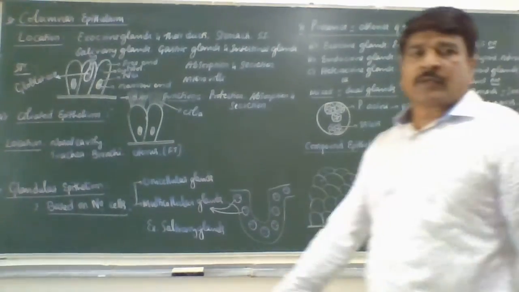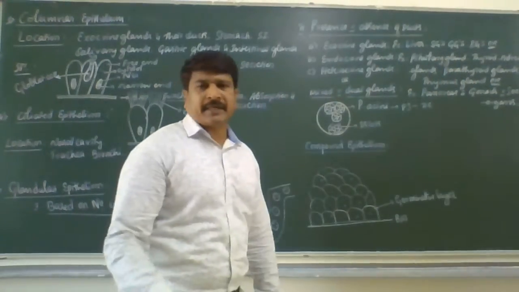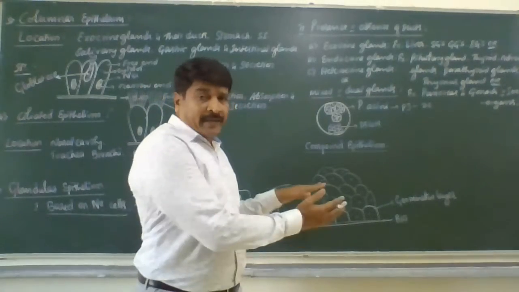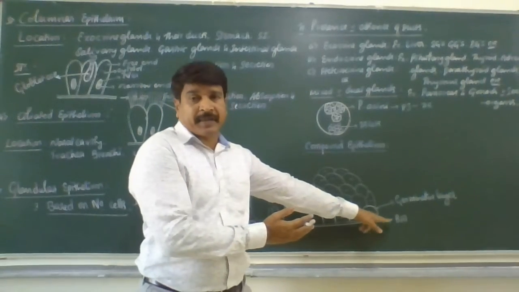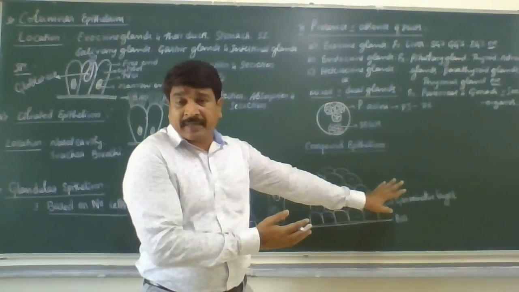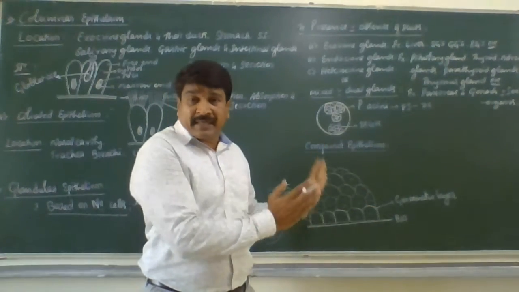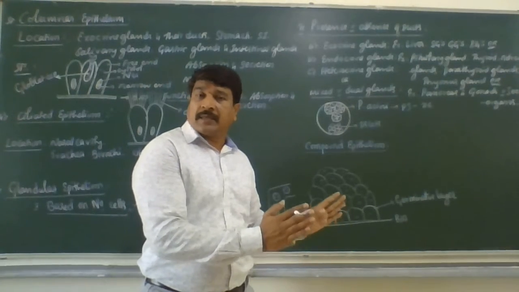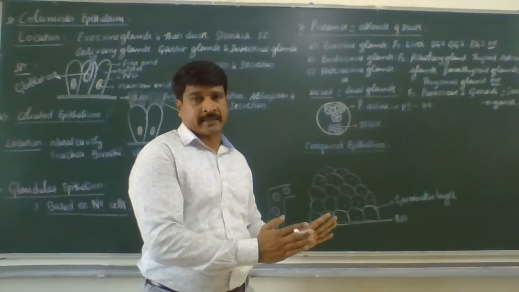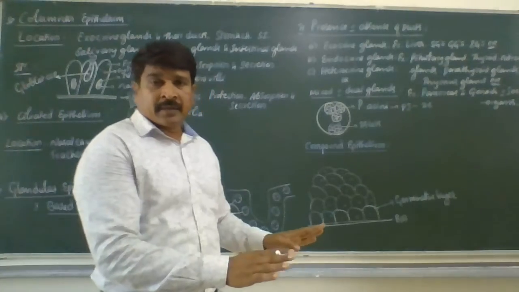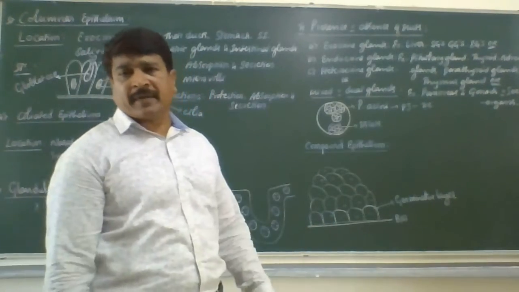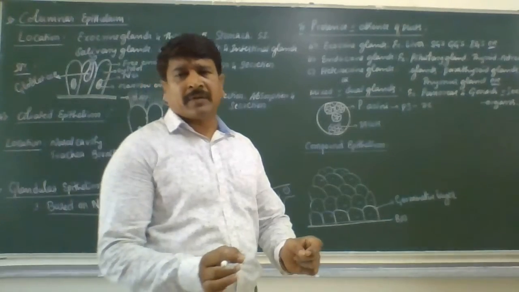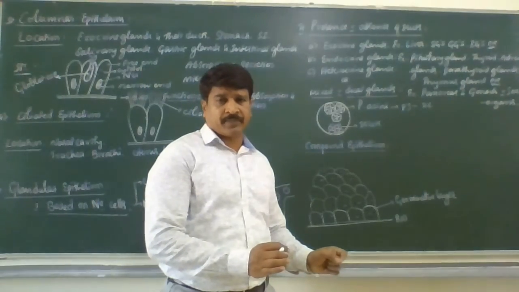Only the lowermost cells rest on the basement membrane. It is also called the germinative layer because here the cells undergo repeated mitotic division and produce a number of new daughter cells. Clear?